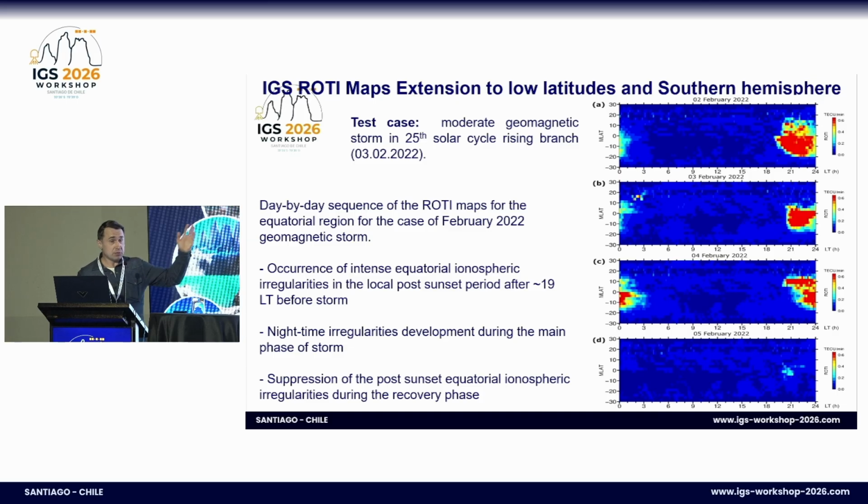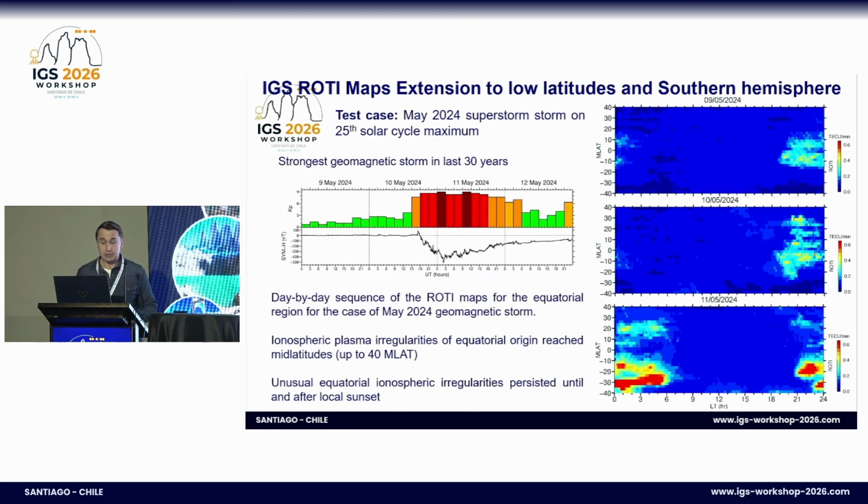These plasma bubbles and related plasma irregularities can occur at local times and latitudes not specific in terms of the climatology of plasma bubbles. So these are the cases we investigated with this new, extended version of the product.